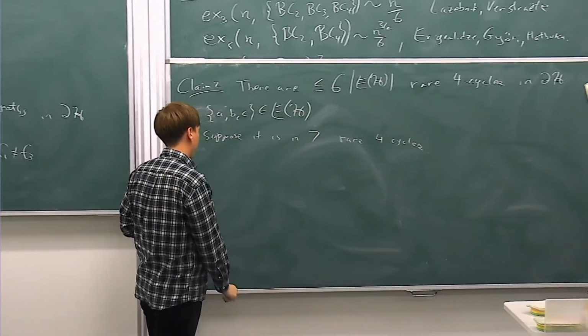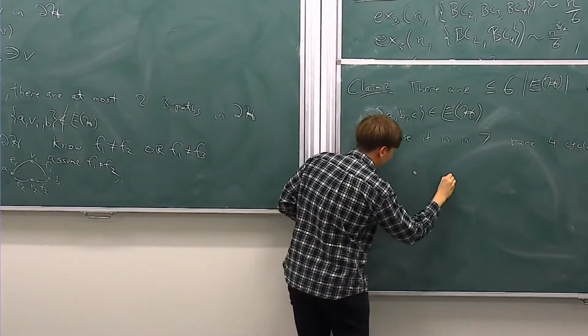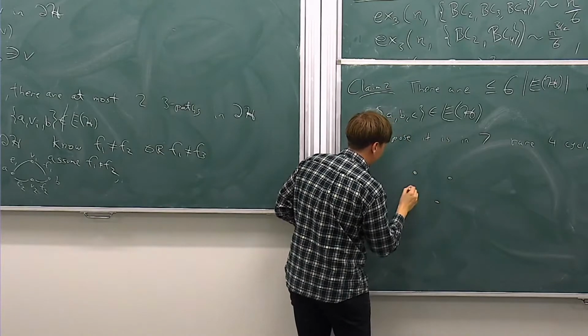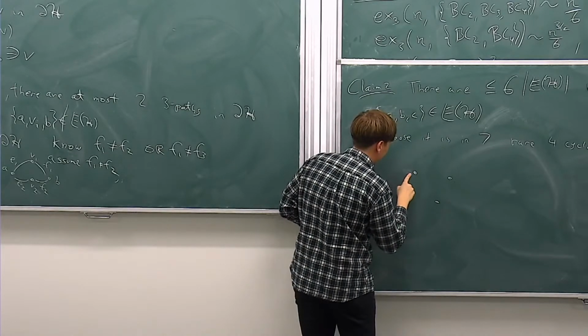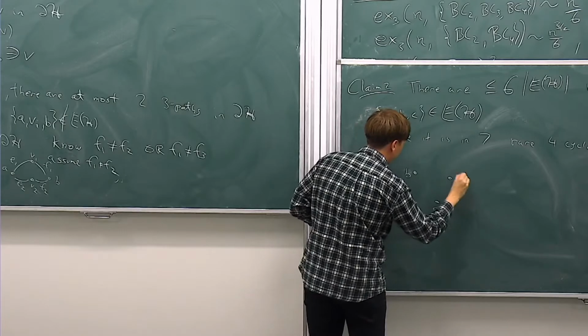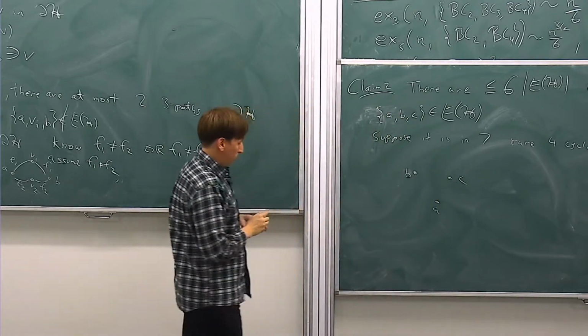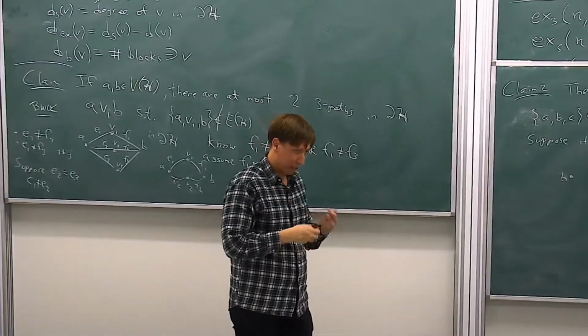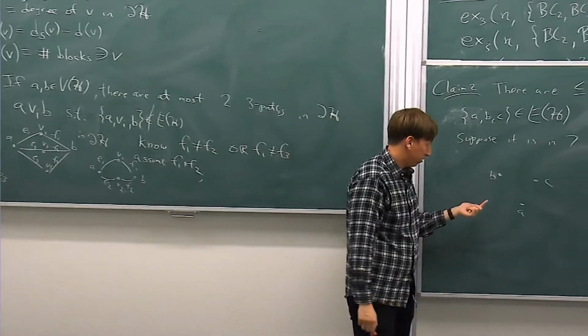Okay. So what does this look like? We have A, B, C. Now, what does it look like to be in a 4 cycle?